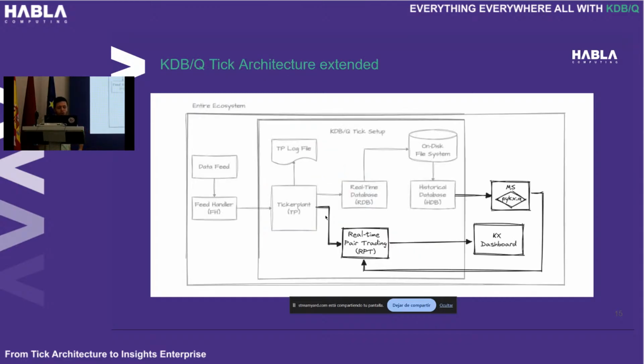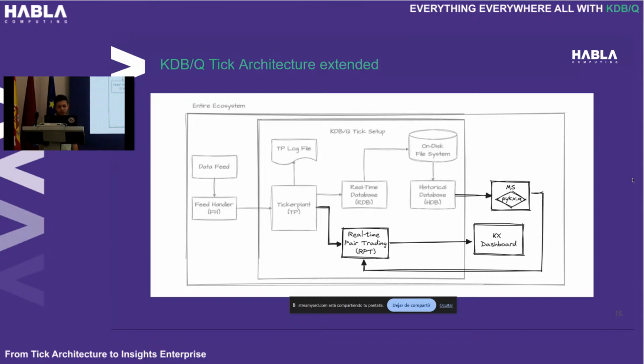So let's go. We have our tick architecture, and I've extended it with three processes. First of all, the MS process. The MS process is the model server, and as you can see, there's a pykx.q that tells us that we are going to use Python. I will explain later why. But what this model server has to do is find the best co-integrated assets and fit the alpha and beta, getting the best alpha and beta.